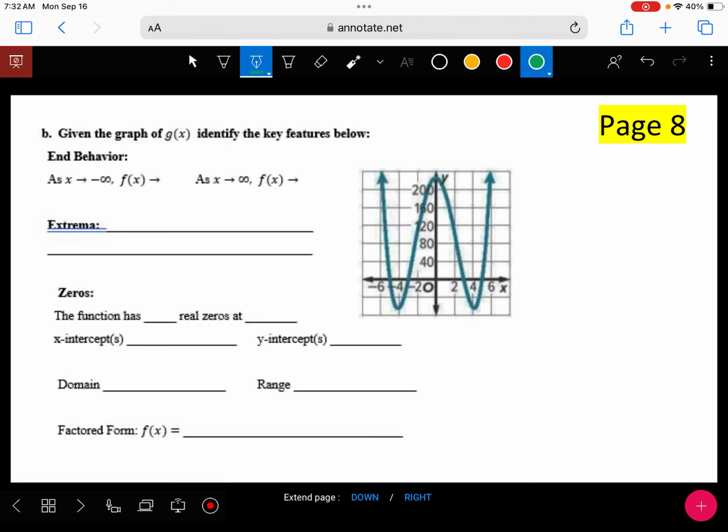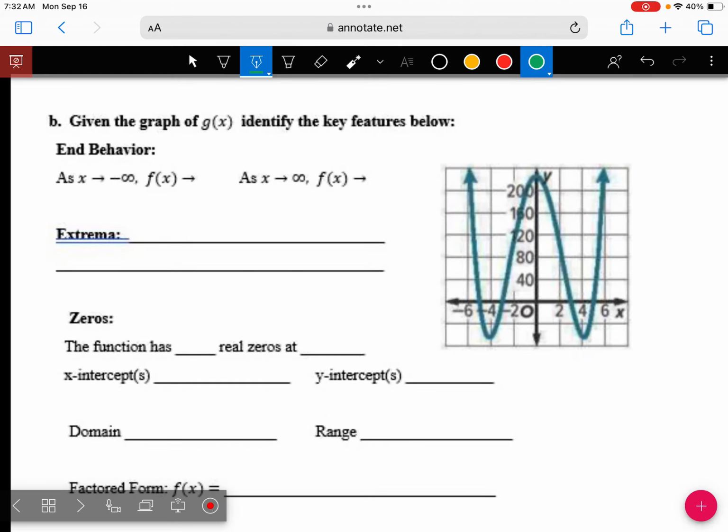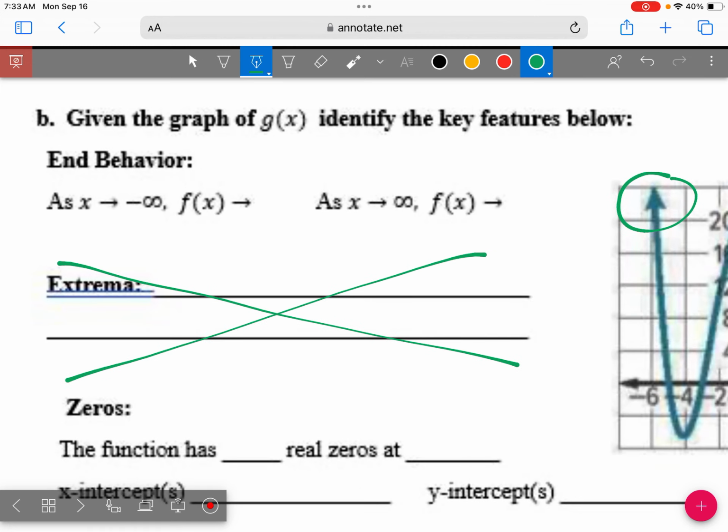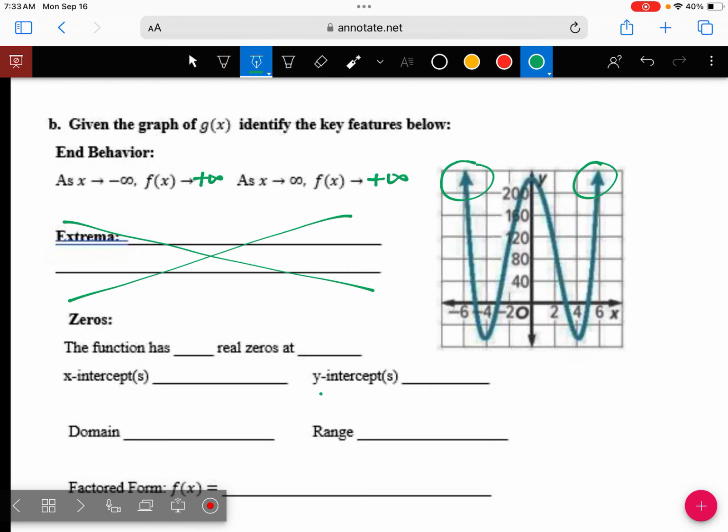All right. Let's do this one here. So I'm gonna actually skip over this part because we've already done one like that. Now I do want to do our end behavior though. Both arrows are going up, so both sides are going to approach positive infinity. How many real zeros? How many times does this graph go through the x-axis? 4.